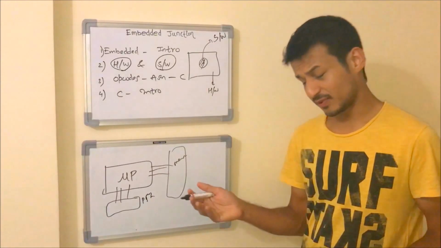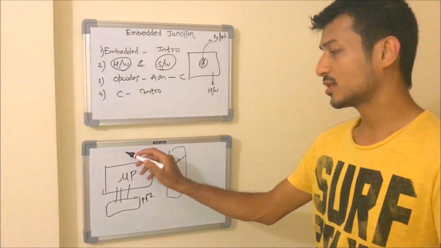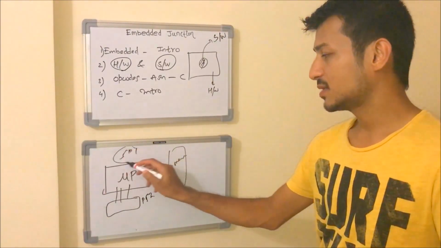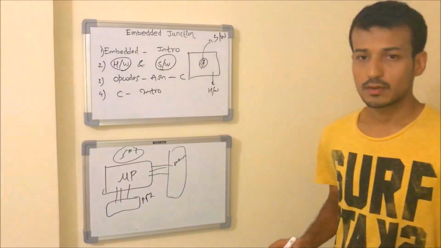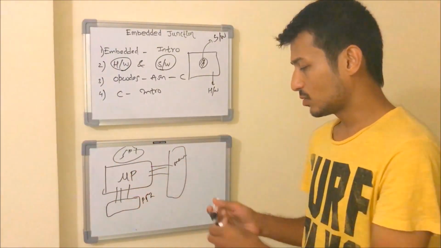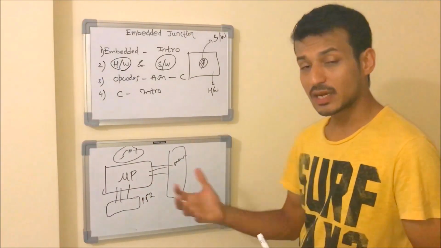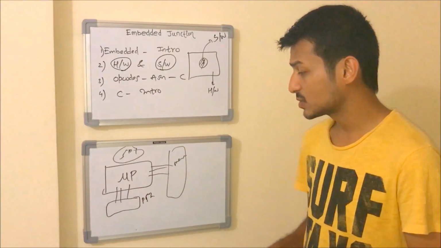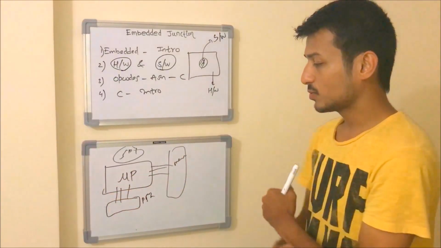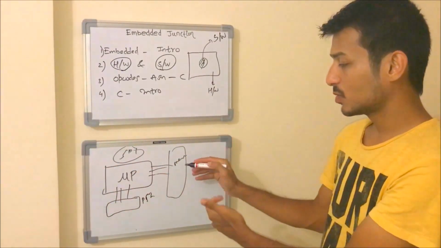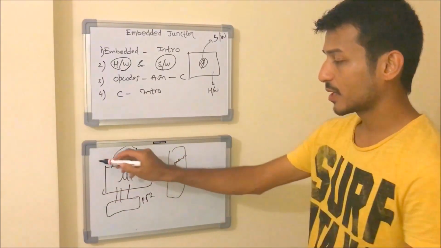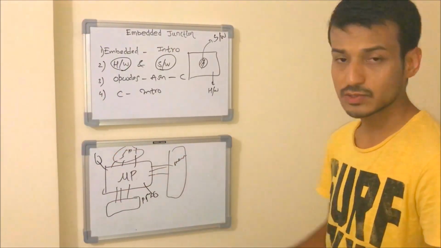Peripheral interfaces are there if you need SPI, serial peripheral interface, or you need, there are so many peripherals which are needed to perform some task in embedded systems. So this is how your system looks like: a microprocessor talking to the memory and talking to all other peripherals attached to it. There are so many peripherals attached to a microprocessor.